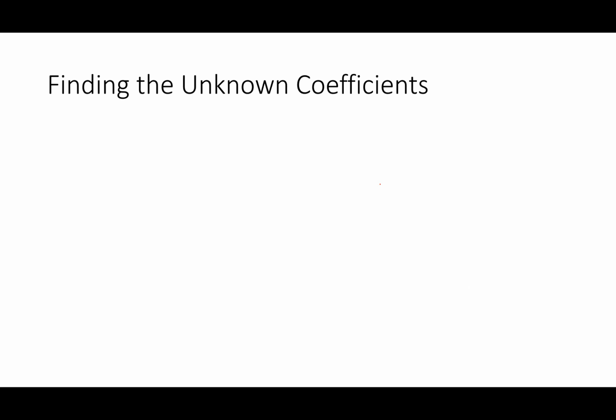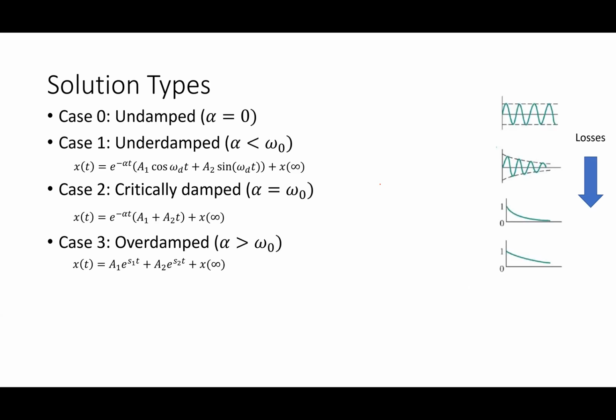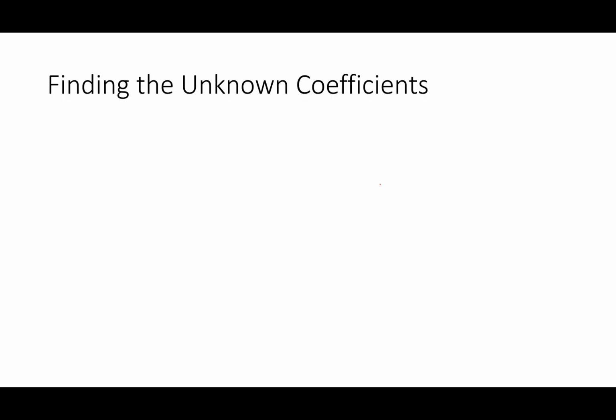Now, the one thing that we know at the end of the day is, for all of these, if I look at any of my x of t's, let's look at one of the simplest cases. If it was overdamped, I have my steady state solution plus a1 e to the s1 t plus a2 e to the s2 t.